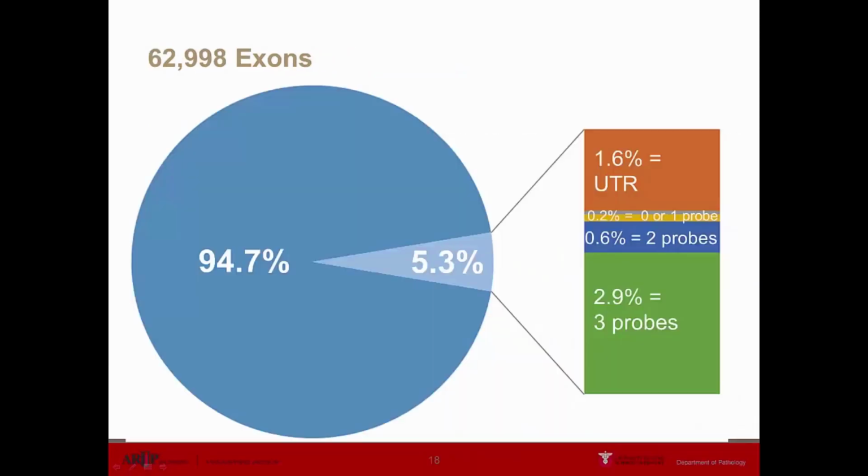So of those 63,000 exons, with the 5% that had low coverage, 1.6% of them were in UTR regions, so insignificant to us internally.